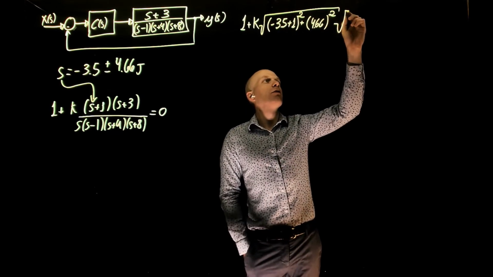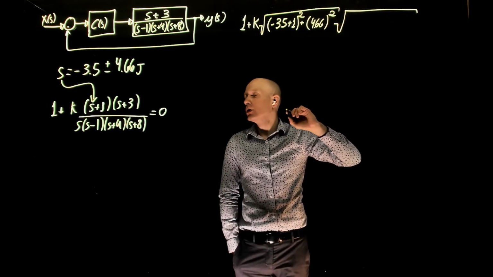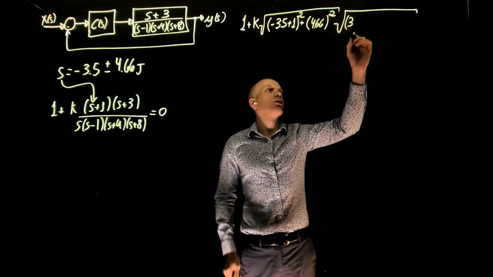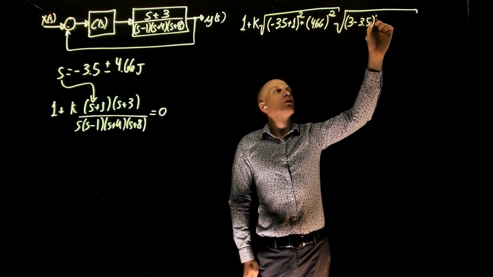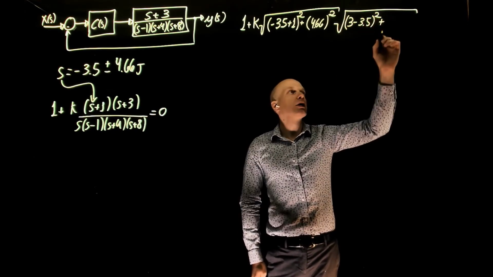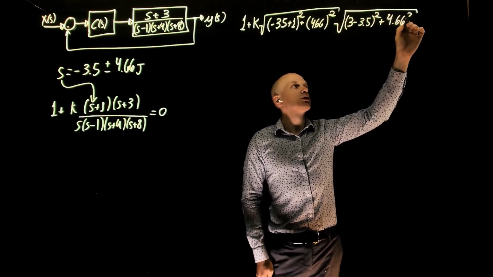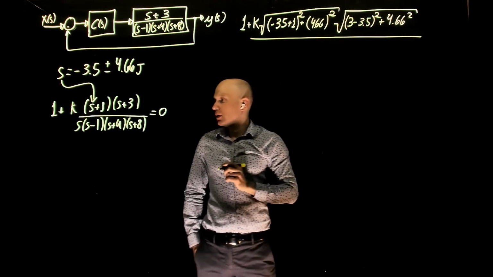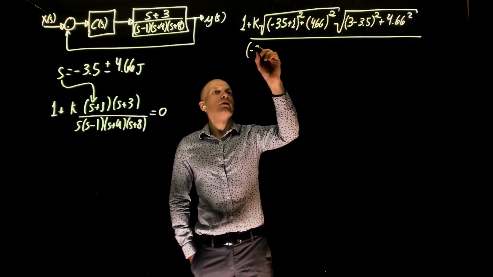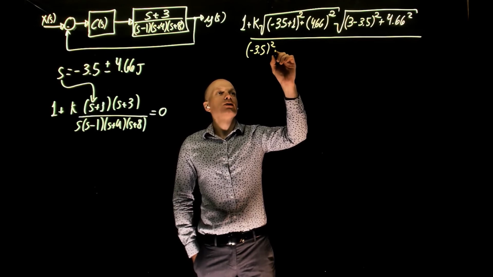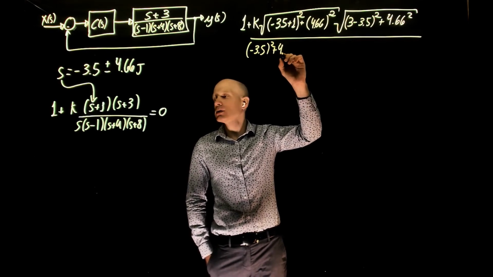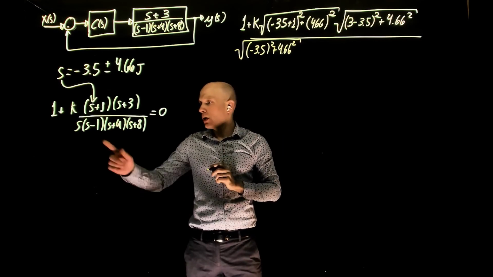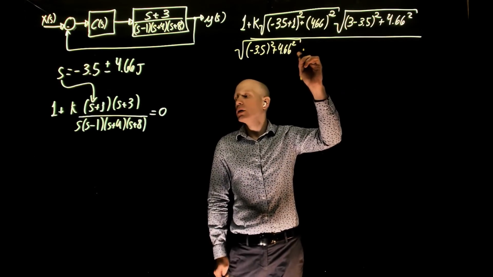And you now do the same for the next zero. The real part is 3 minus 3.5, and the imaginary part remains 4.66, squared. Now s is simply negative 3.5 squared plus 4.66 squared, square root, then s minus 1, and so on.